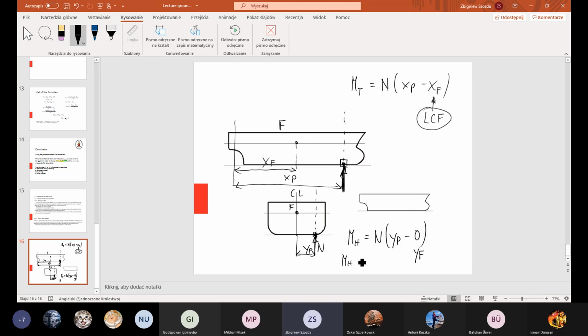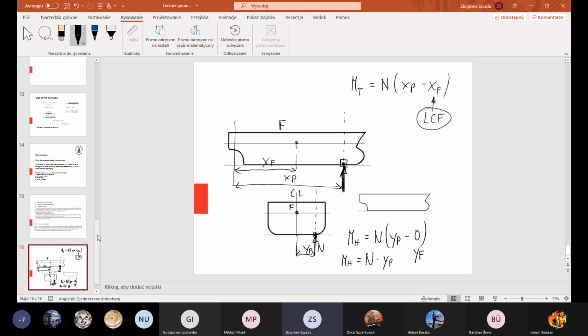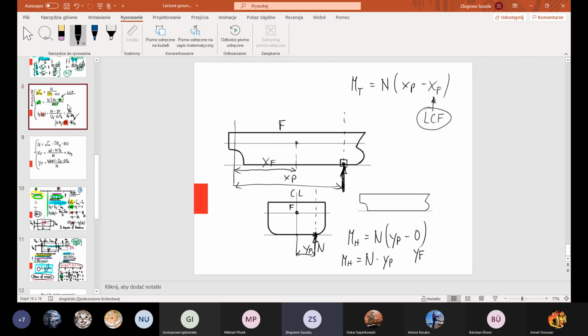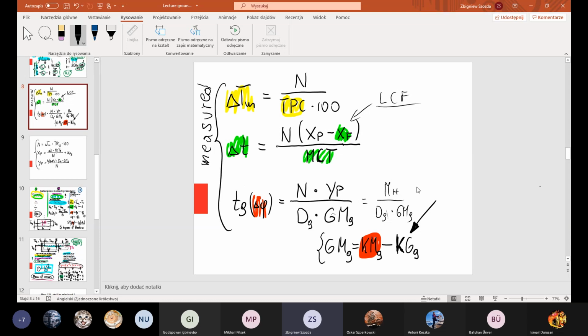So to simplify, we can put such formula for the heeling moment created by discharged weight, or by our force we are looking for, and this is explanation of the last formula for calculation of the angle tangent.